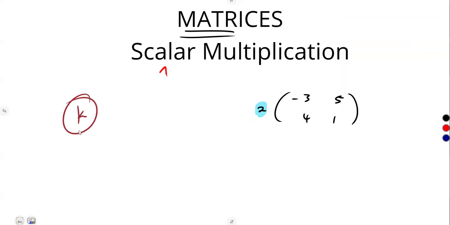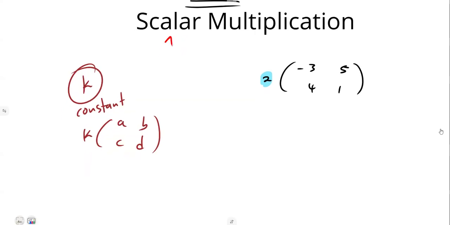That can be a constant K. So given a constant K and a matrix A, B, C, D, the effect of the scalar K is that it multiplies every term inside. K times A, K times B, K times C, K times D. So that is the effect of the scalar.